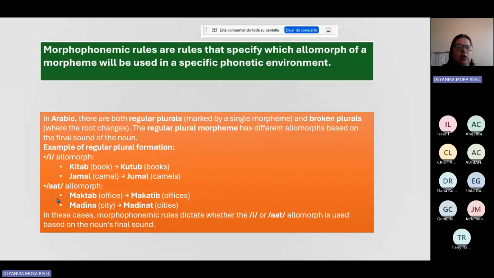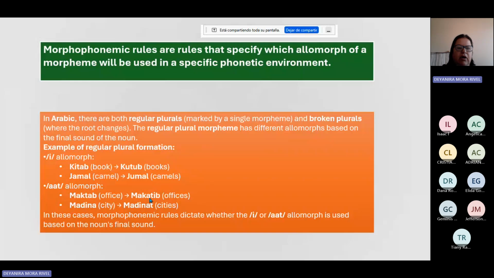And then we have another way, and we have maktab, and then the plural is makatab. Okay, no, makatib, I'm sorry, makatib. Maktab is one, and makatib is another one. So we can see here that the change, they're adding an A here.